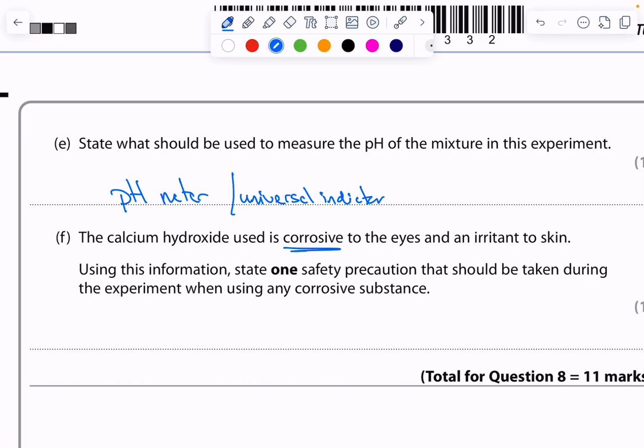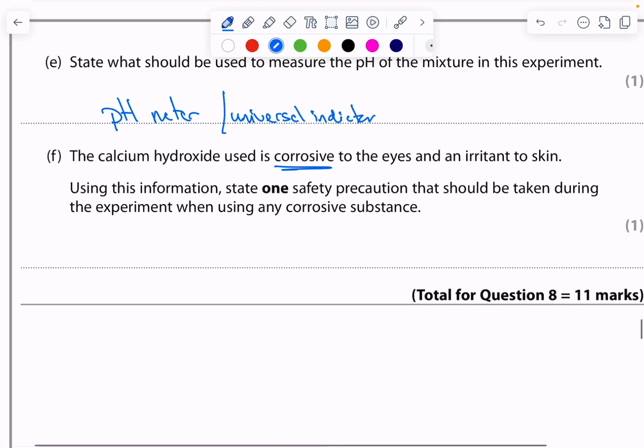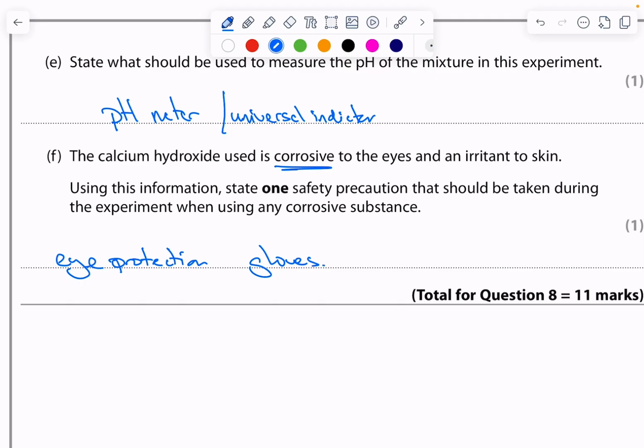Calcium hydroxide is corrosive, so what do you do? So in class, when we did this one, we had eye protection, and the people in the group that were using the calcium hydroxide also wore gloves. You need to get one of them for the mark.